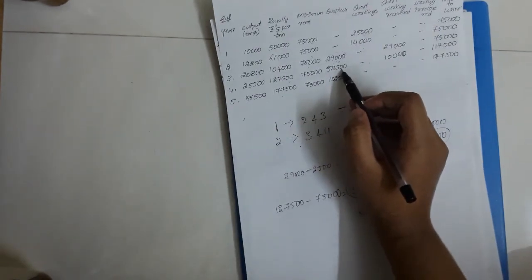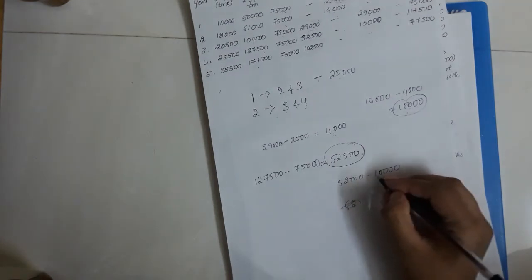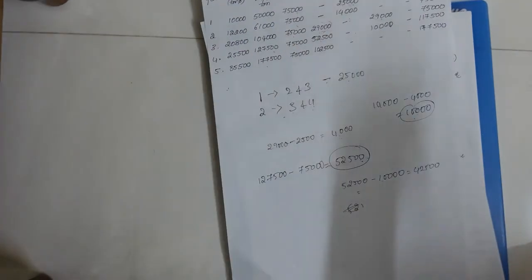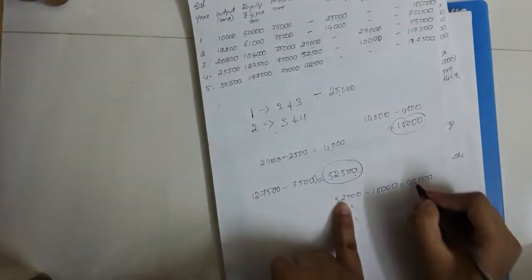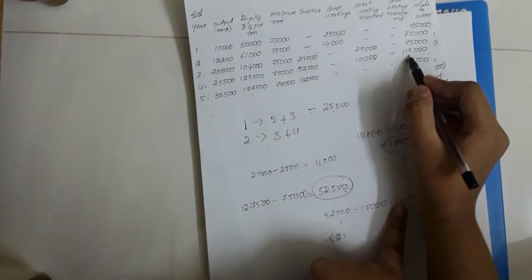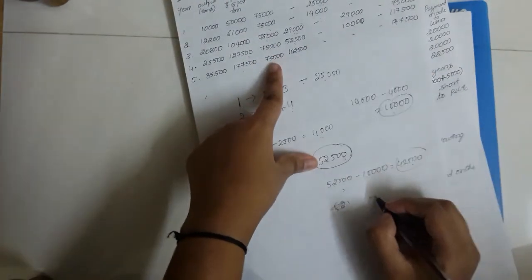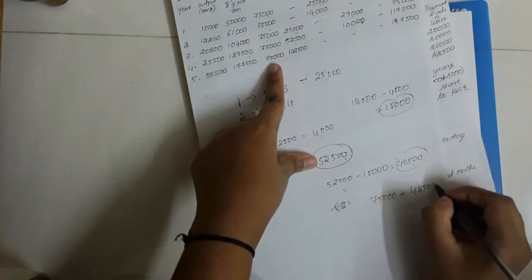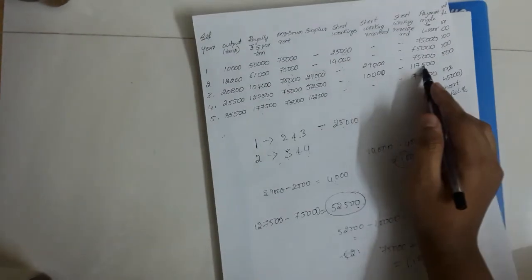In this 52,500, I recovered 10,000, still I have 42,500, right? So while paying this person, I'll be paying 75,000 plus 42,500, that is 1,17,500 is the payable value.